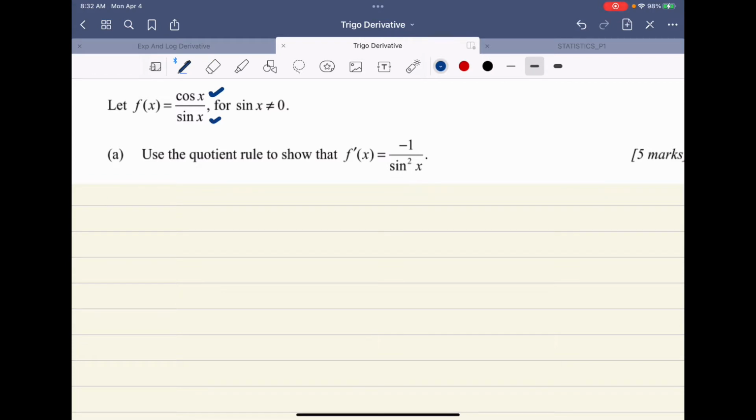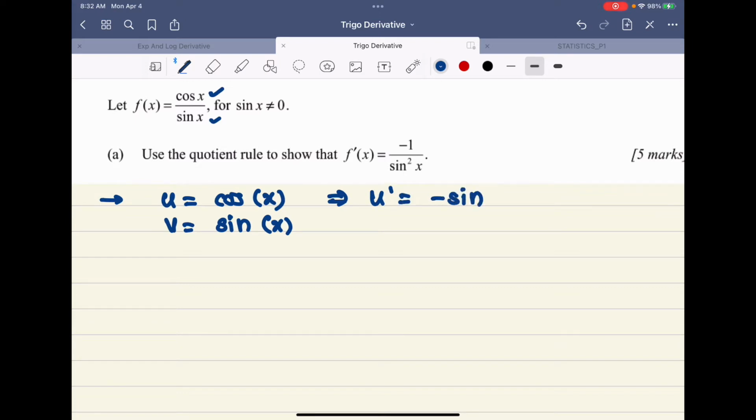So I am writing first u is equal to cos x, v is equal to sin x. The derivative of u, cos x, is minus sin x, and the derivative of v, sin x, is cos x. Use the quotient rule.